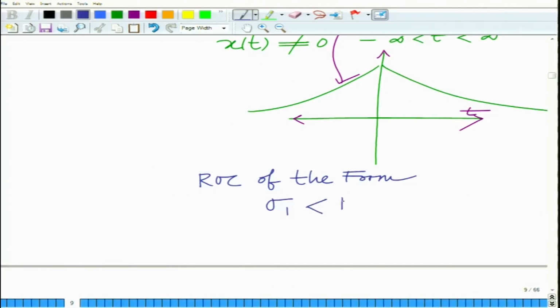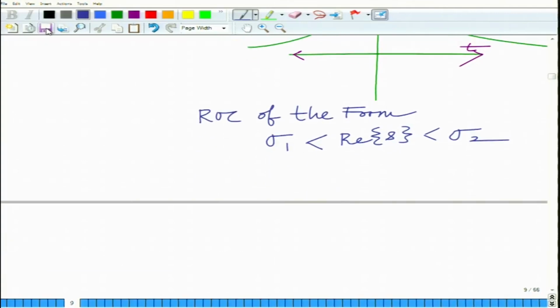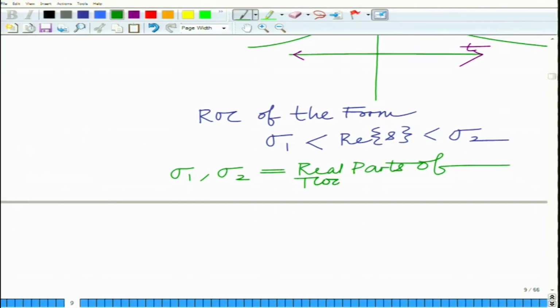sigma 1 less than real part of s less than sigma 2, where sigma 1, sigma 2 are the real parts of two poles of X(s).